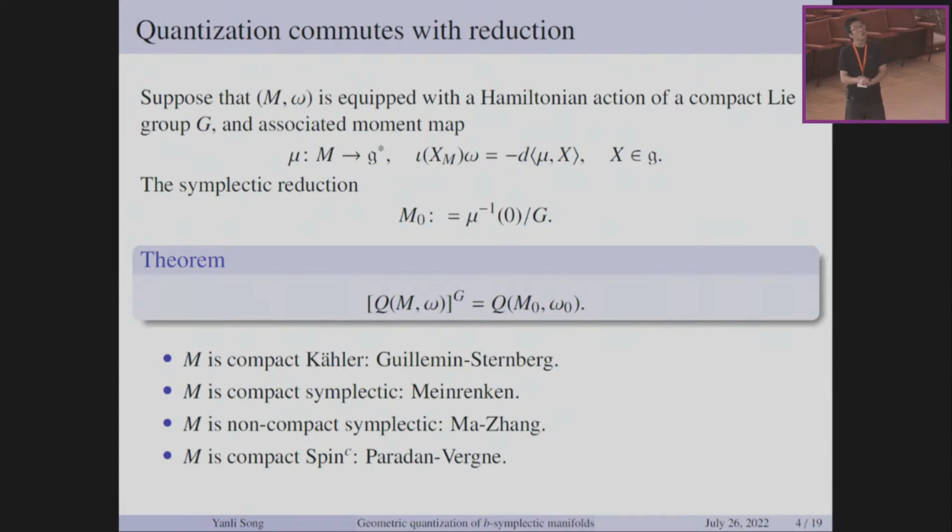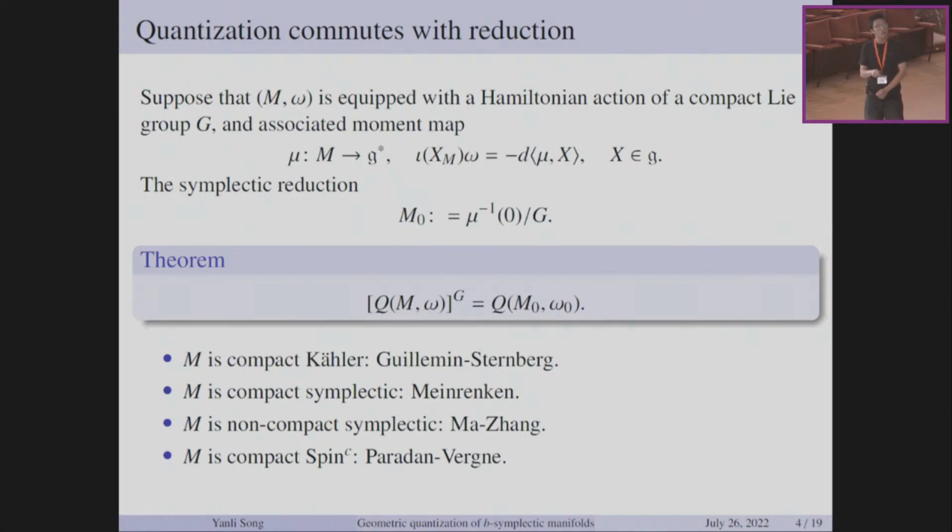In this case, we know the Marsden-Weinstein reduction, the symplectic reduction: we take mu inverse of 0 and quotient by G. To make it simple, we can assume G acts freely on mu inverse of 0, and 0 is a regular value. But in the most general statement of quantization commutes with reduction, we don't need this. I think it's due to Meinrenken and Sjamaar, who deal with the singular case.